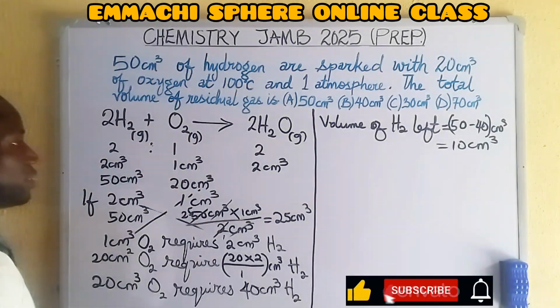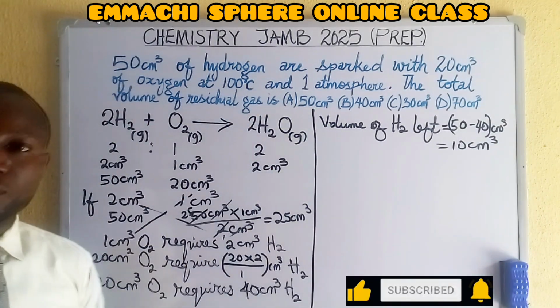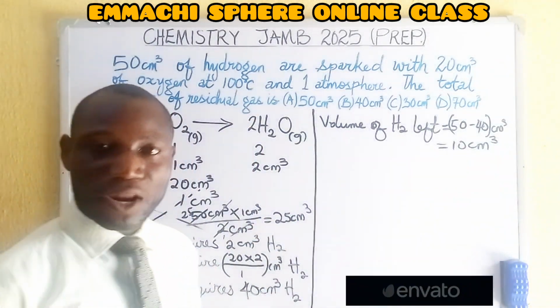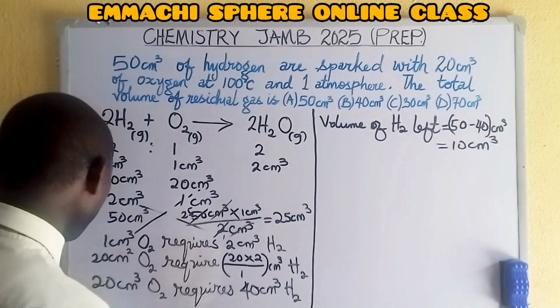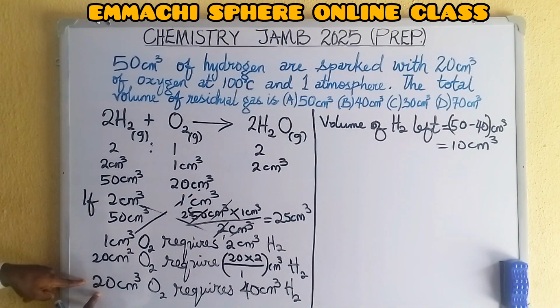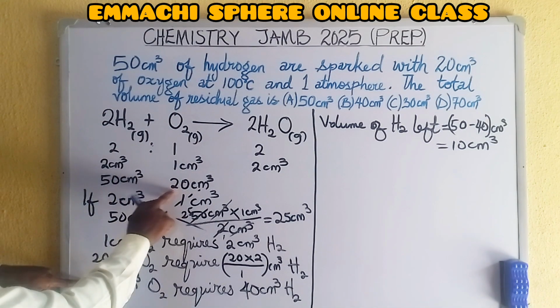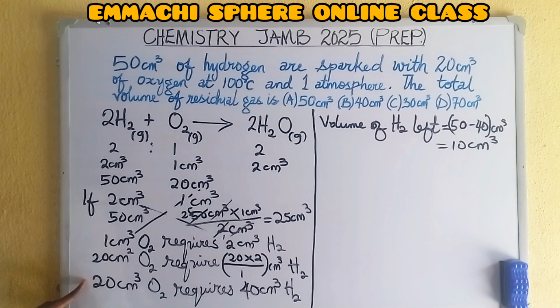Again, what is the volume of product formed? That is of the gaseous water, if you like, steam. We still make oxygen gas the determinant because we are making use of this 20 cm³.